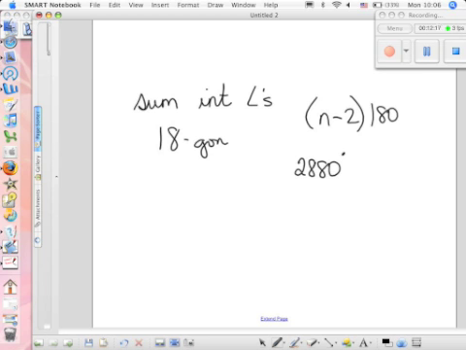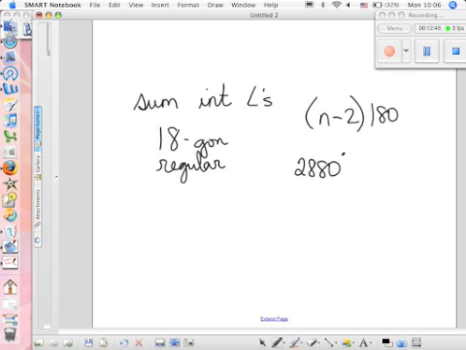Now, if I do not tell you that the polygon is regular, can we find each angle? No. It has to be regular to find each interior angle. Now suppose I said it's regular. That means all 18 angles add up to 2,880, and each one of those 18 angles has the exact same measure.